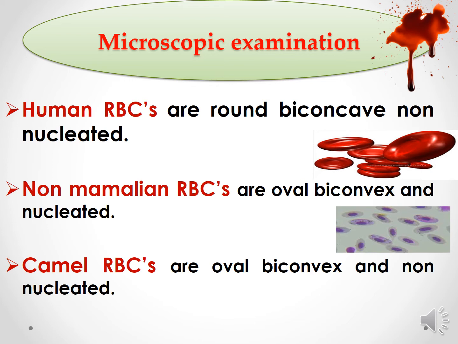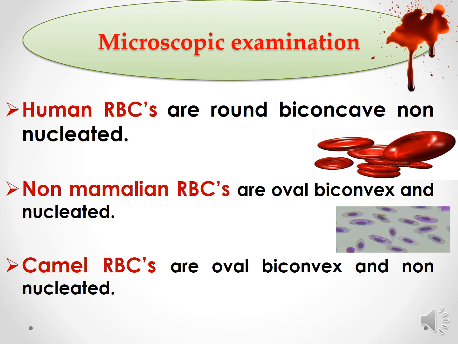Again, how to prove that the stain is blood from an animal or a human? Through microscopic examination. Under the microscope, we will see the characters of RBCs. Human RBCs are round, biconcave, non-nucleated.